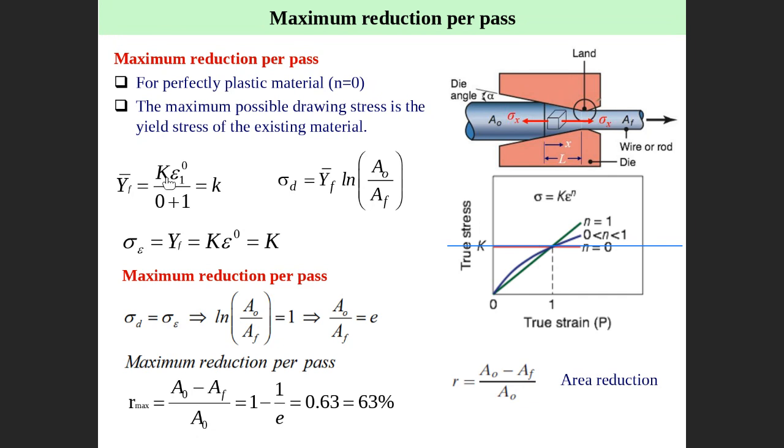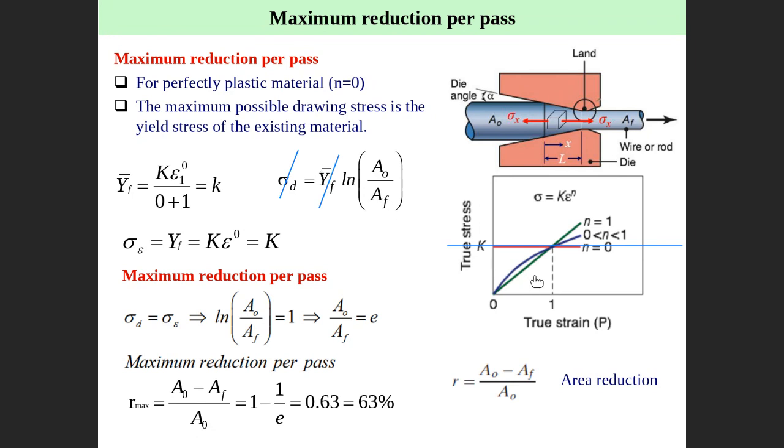In this case, when you apply n equal to 0, you find that the yield stress K equals Y flow, equals Y bar flow. Usually sigma d equals Y bar flow, equal to K, meaning you can see that ln AO divided by AF equals 1.